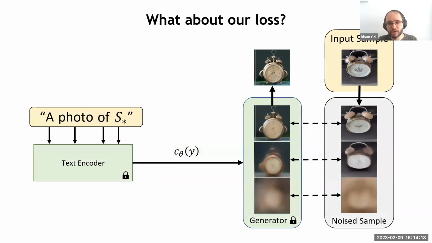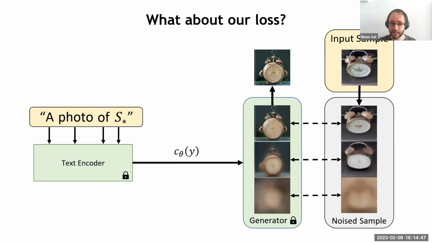We're still missing a word about the actual training, but that's fairly simple as well. We're just going to continue the diffusion training as usual, using samples from a small image set of our concept, right? So we'll have 3 to 5 images representing our specific concept, and we'll add noise to them and try to learn how to remove the noise conditioned on a text prompt containing our new word.